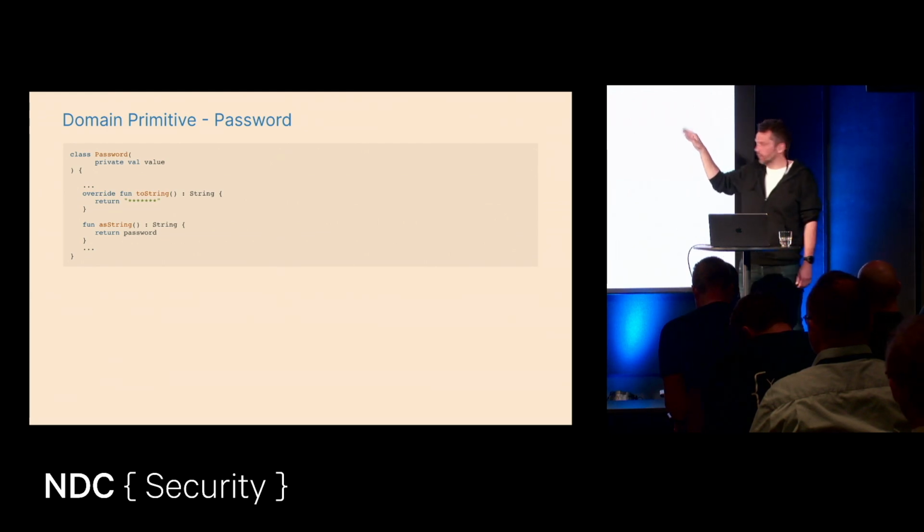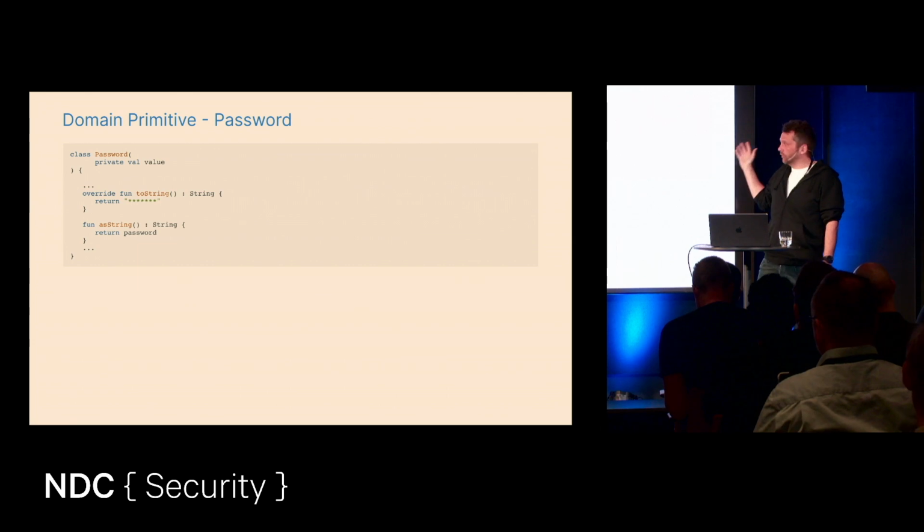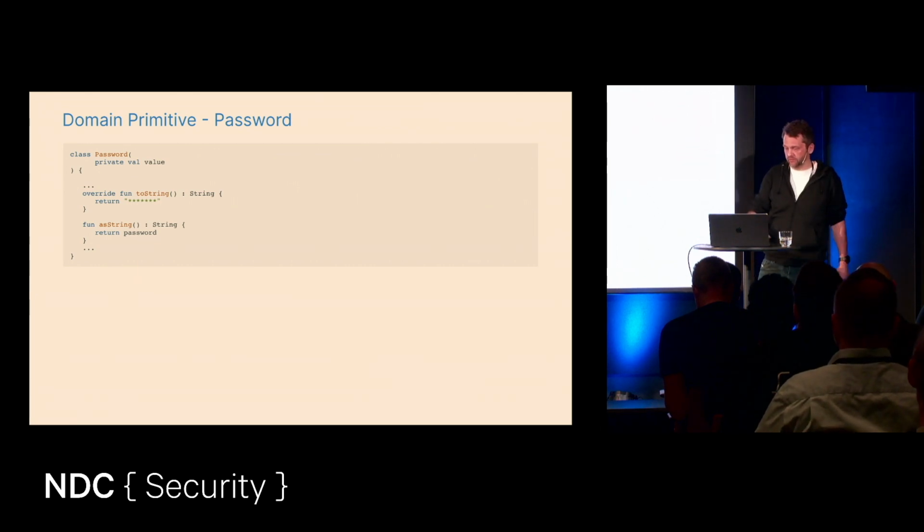So we can create an asString function. We could even have a counter there that says you can only access this value a certain number of times, and then it will throw an exception, for instance. That way we make sure we're not accidentally leaking this data elsewhere. So that's also one way to avoid having it printed.